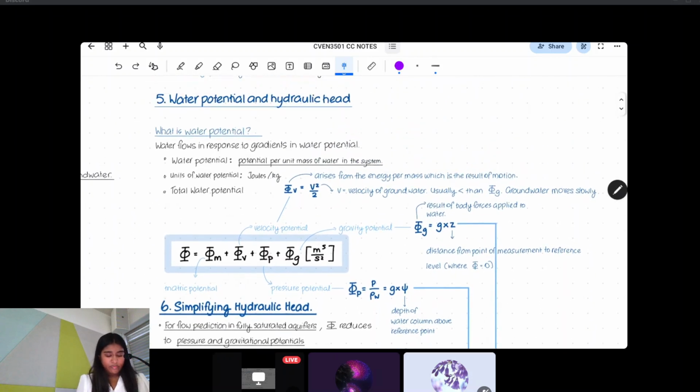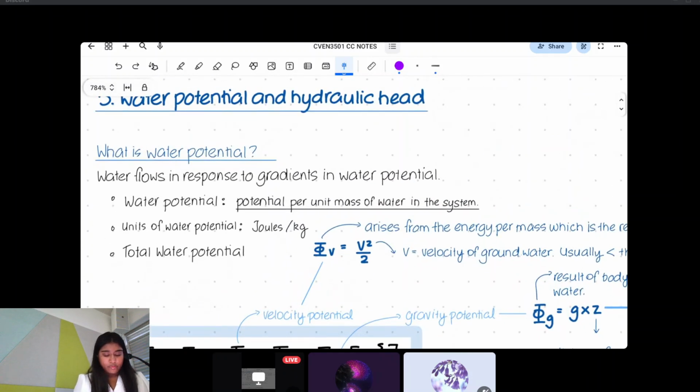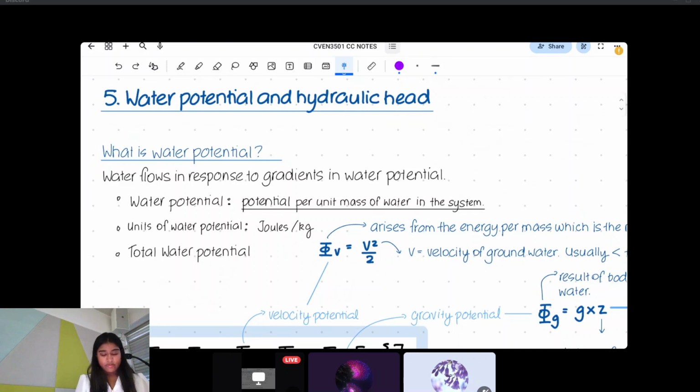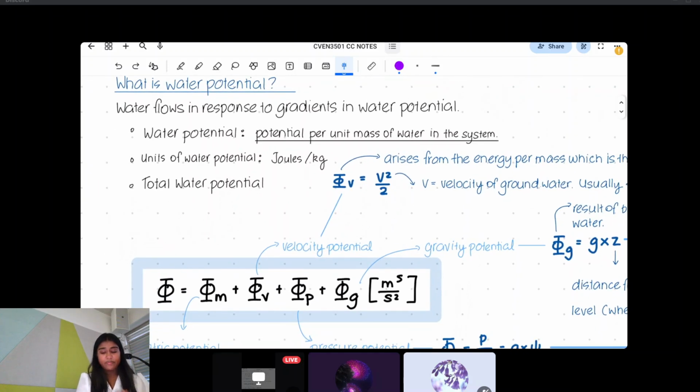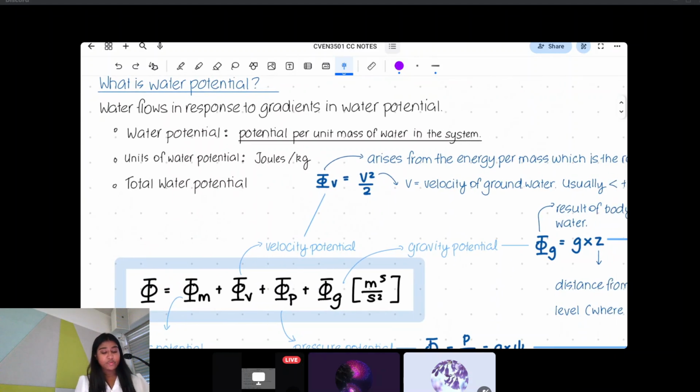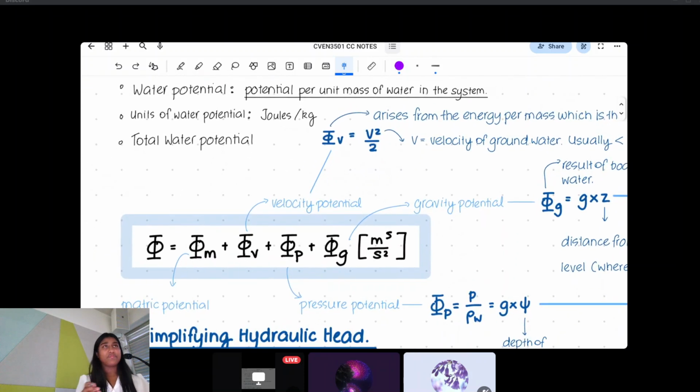So what is water potential? The water flows in response to changes or slopes or gradients in water potential. So it is the potential per unit mass of water in a system. It's measured in joules per kilogram, and there are different components that contribute to the overall total water potential, right?